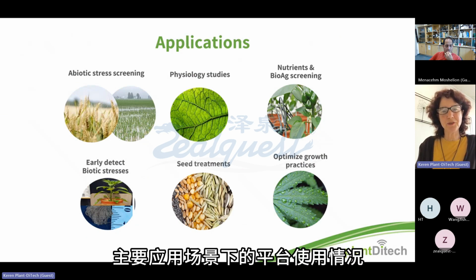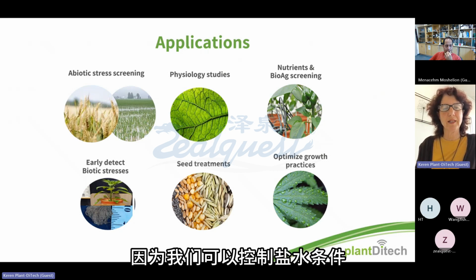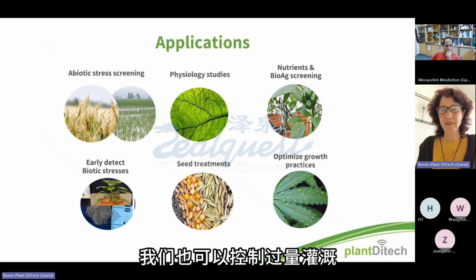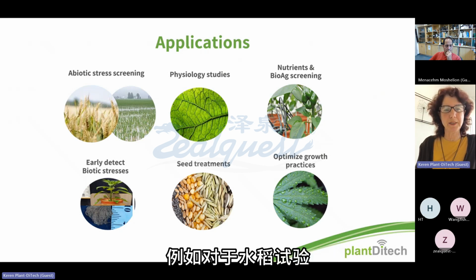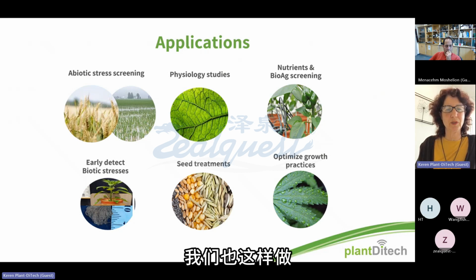The main applications for the system: first is abiotic stress screening, because we can control the soil and water conditions. We can also control flooding, so for example for rice experiments and also for other purposes like flood stress.